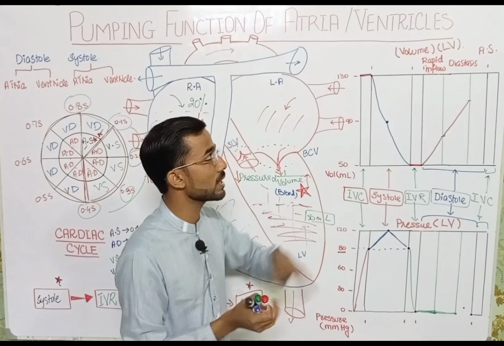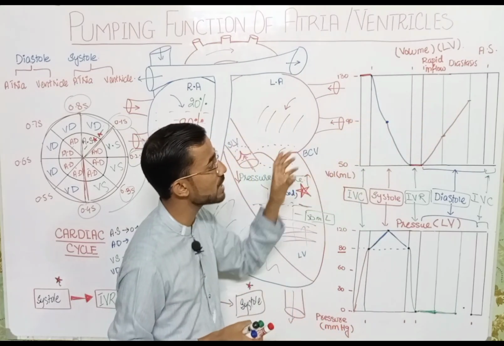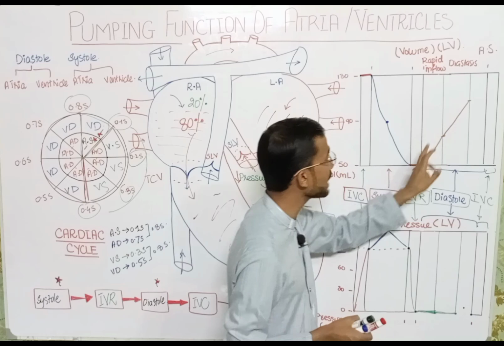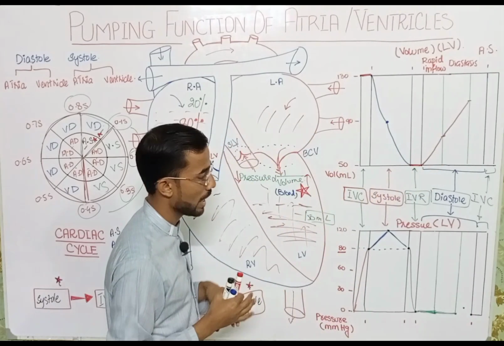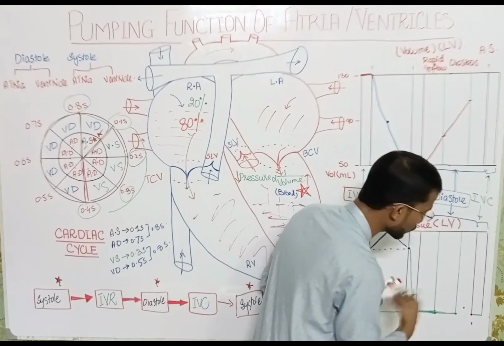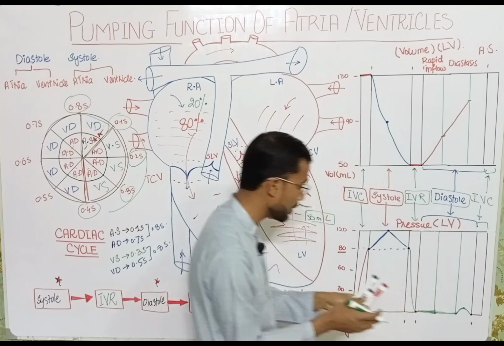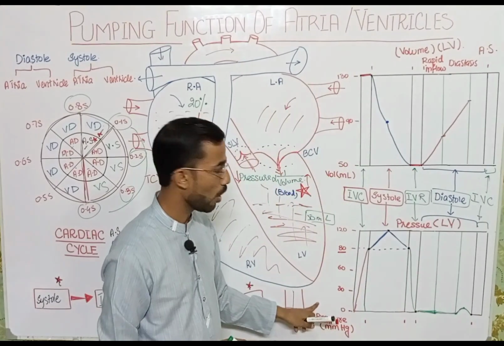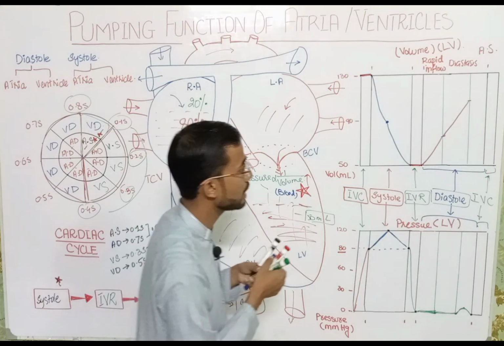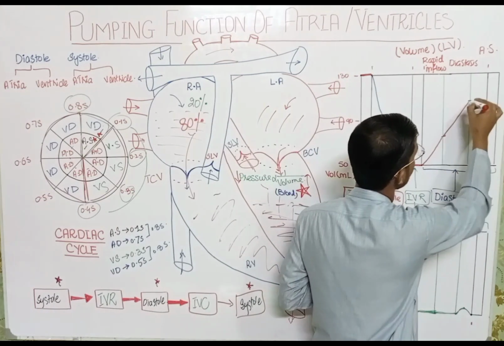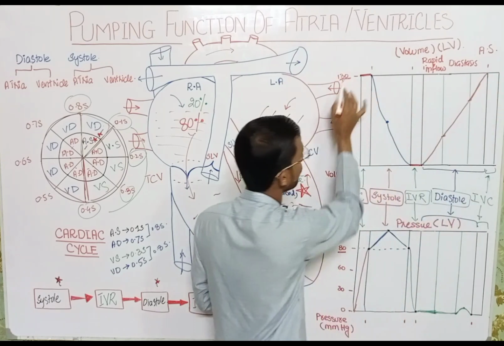This is actually the longest state of the left ventricle, remaining for a long time, and the left ventricle continuously fills. You will also see some small increment in the pressure of the left ventricle. Still the volume increases, up to 130.